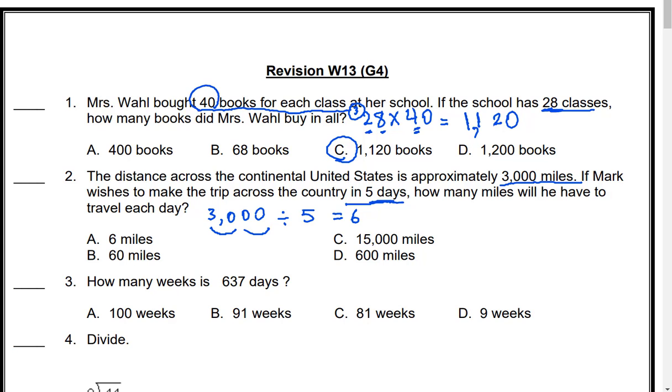And how many extra zeros do we have? 2 extra zeros, because we used one 0 with the 30. So which one is the correct answer? 600 miles. Thank you, my hero.